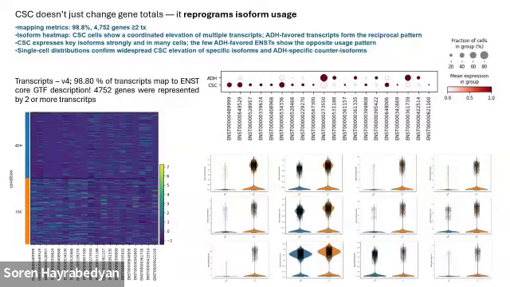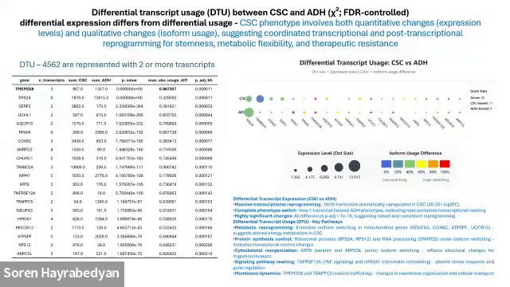As you can see here, from the blobs we can have a good visualization of the expression level and the abundance of the cells. The size of the blobs reflects the percentage of the population. So we see a coordinated change after we change the phenotype. Even more interesting is the differential transcript utilization, which you cannot do with other methods. If you do only 3' single cell, you cannot detect which transcripts are used.